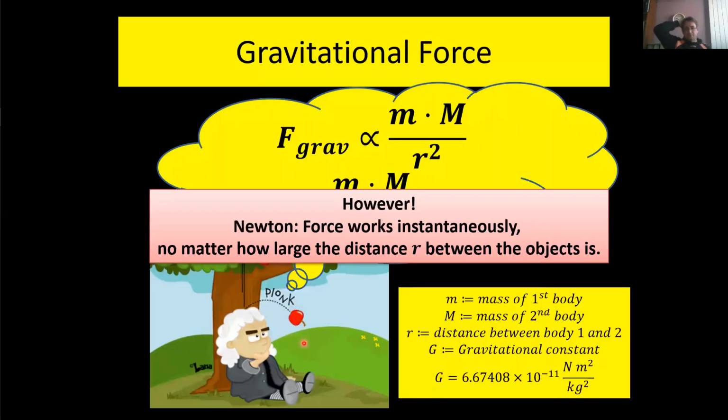Okay. Yet Newton has one problem. Usually you need some kind of rope or something that mediates these forces. One could make a force field and give basically every point in space a force per unit mass. That would be the gravitational field according to Newton's mechanics.